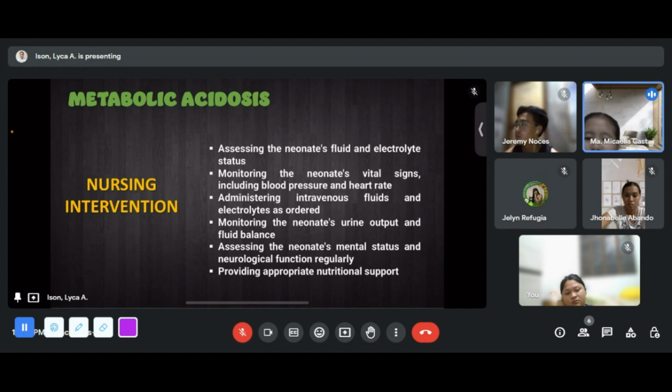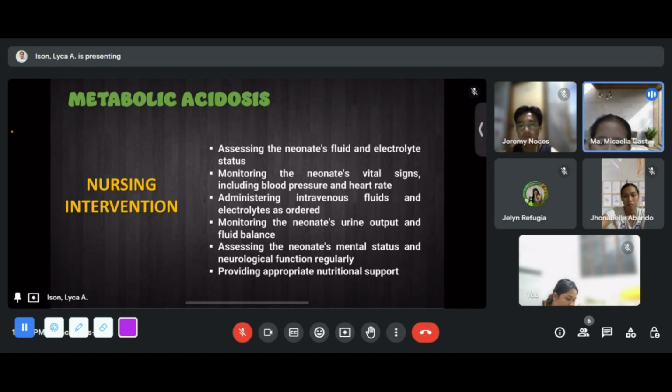Dito, para ma-assess yung blood pressure niya, kung mataas ba yon o mababa para maagapan agad. Then, administering intravenous fluids and electrolytes as ordered. This is an effective and fast-acting way to administer fluid medication treatment in an emergency situation and for patients who are unable to take medication orally.